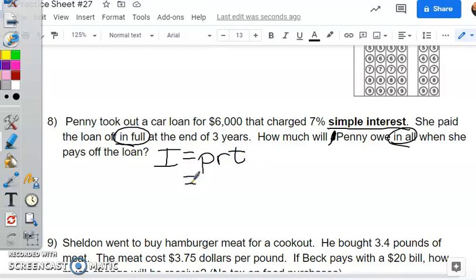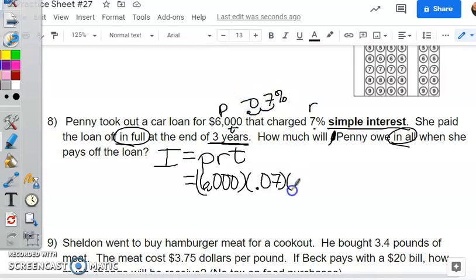So your job is to multiply the principal times the rate, change that to a decimal, and there's our time, which is 3, okay? 6,000 times 0.07 times the time of 3, okay? Whatever you get, that's going to give you your interest.